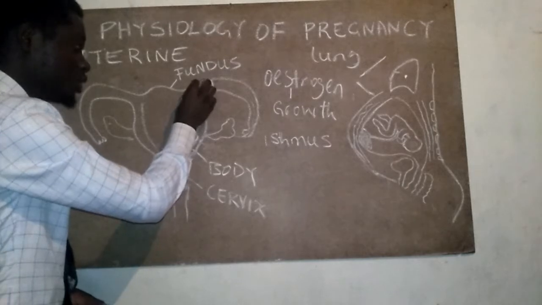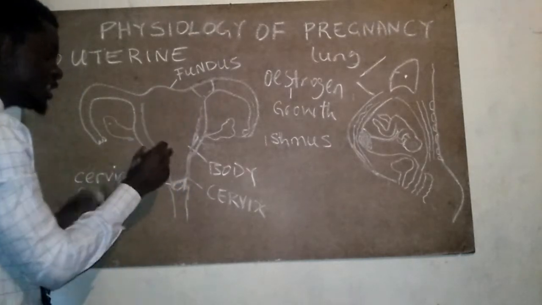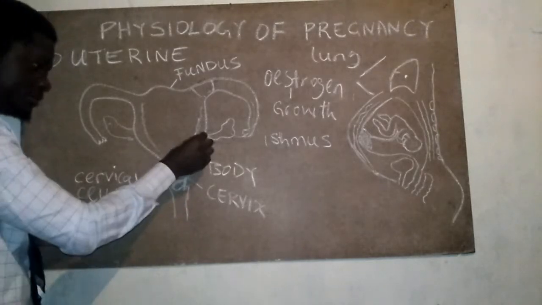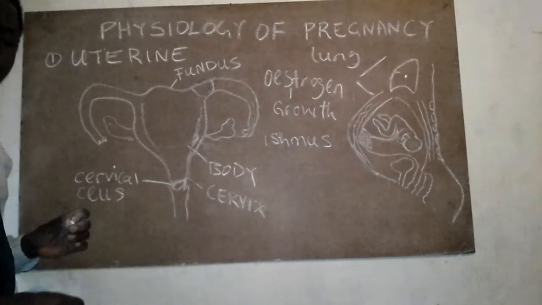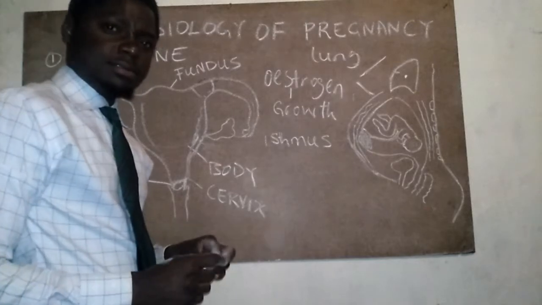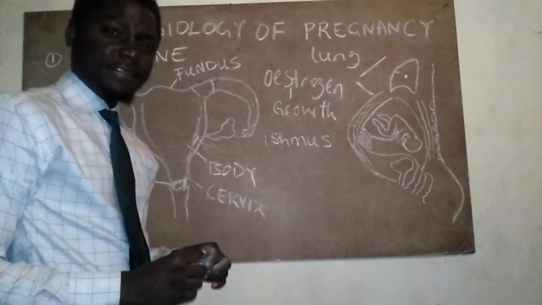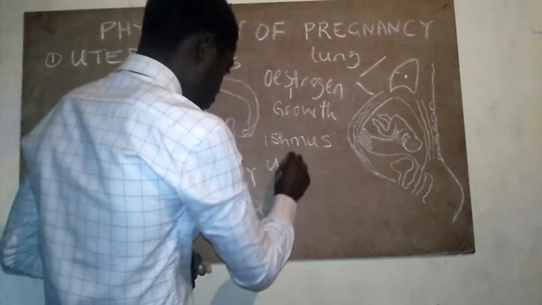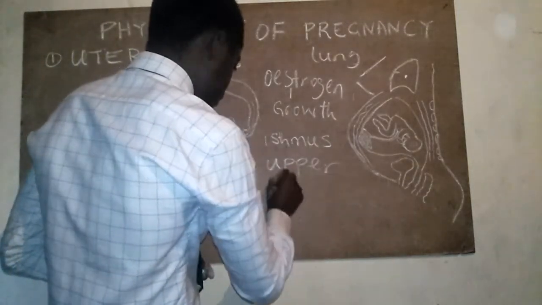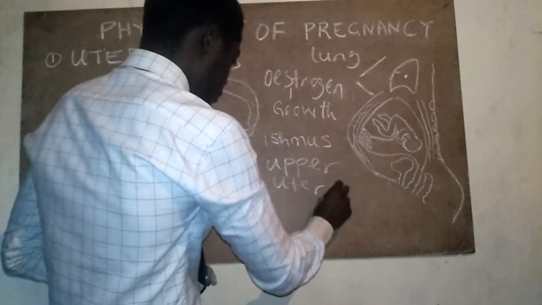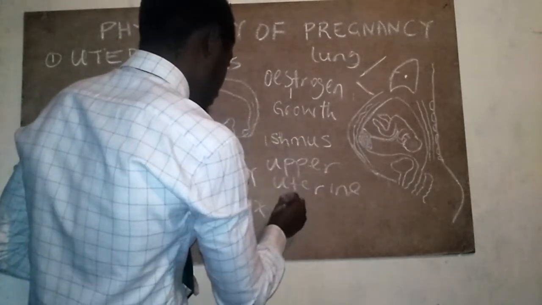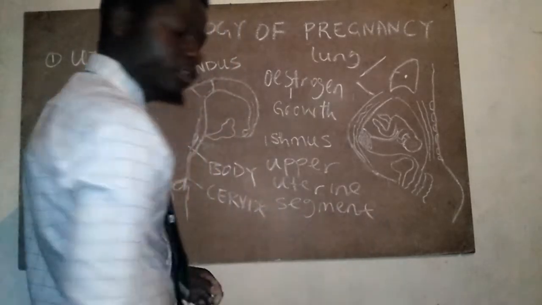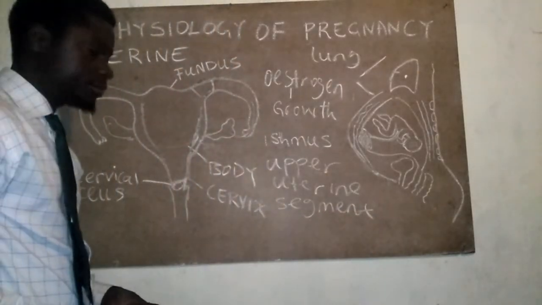They will start causing divisions, up until they reach the body of the uterus, to form what we call the upper uterine segment. And this is due to the influence of estrogen.